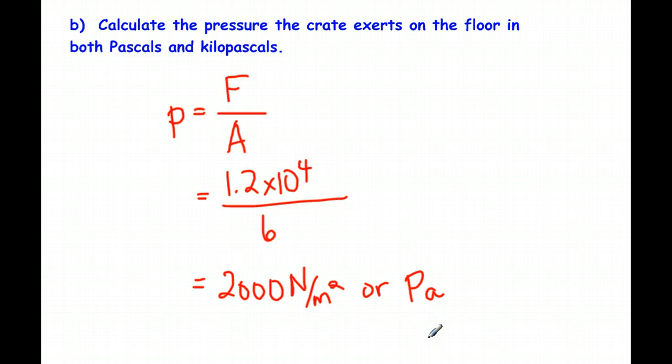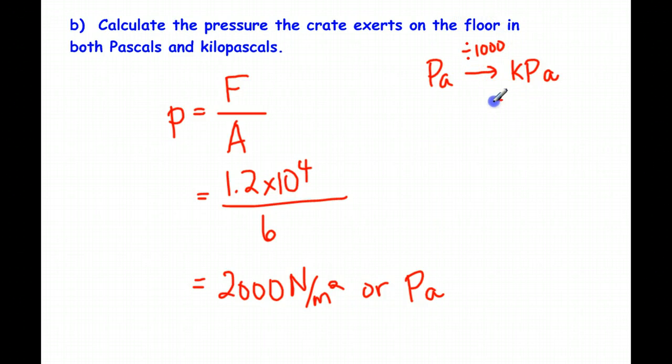Okay, and so sometimes you'll be asked to convert between pascals and kilopascals. Remember, anytime you put the word kilo in front of any unit, it's just multiplying or dividing by 1,000. So a Pascal to a kilopascal is just dividing by 1,000 if you have to convert.